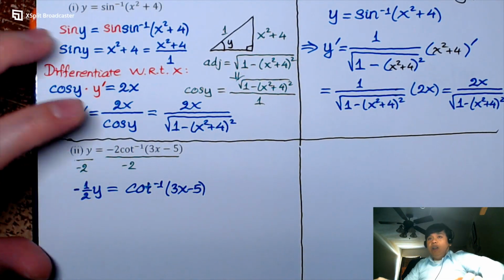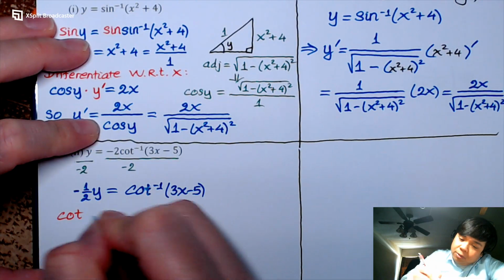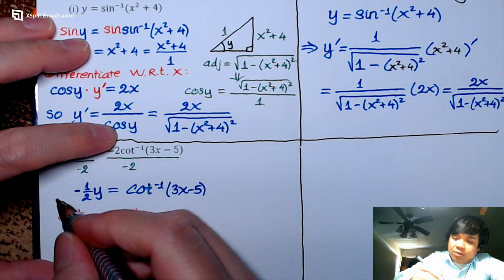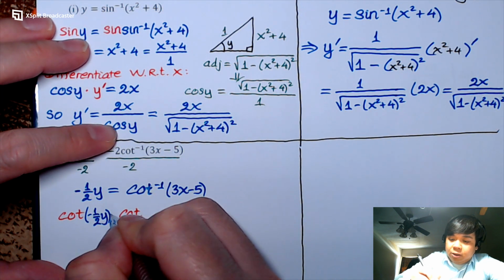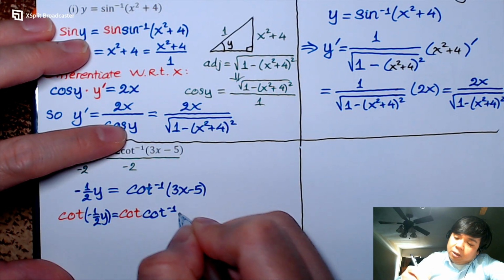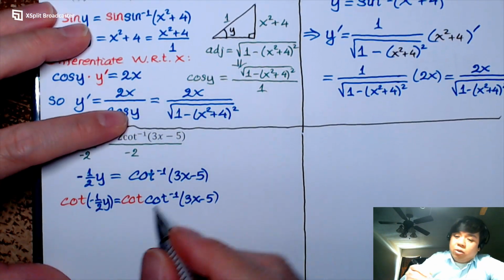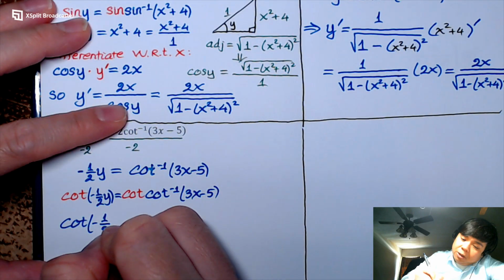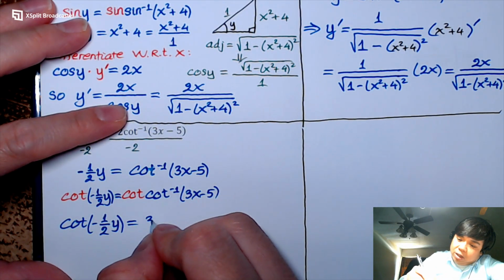Then we can take the cotangent on both sides to cancel with this. That cancels out. We just have 3x minus 5.